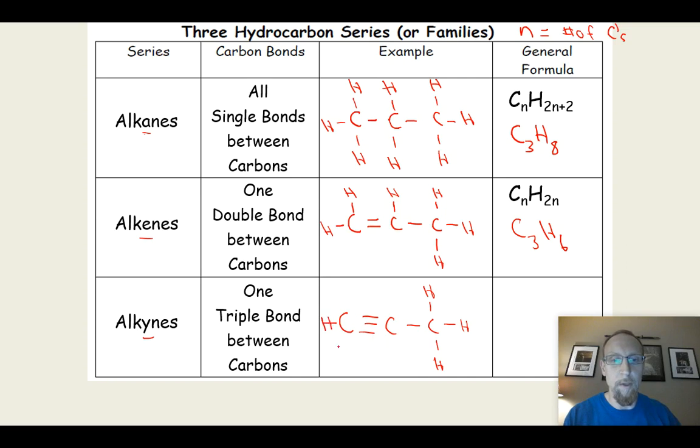Put our H over here. 1, 2, 3, 4. So it looks kind of weird because it doesn't seem like we have enough H's, because this triple bond is taking away all those possible H's, because each carbon can only form 4 bonds, right? So now look what happened. We lost 2 more H's. So my general formula is just CnH2n-2 now. So that would be C3H.